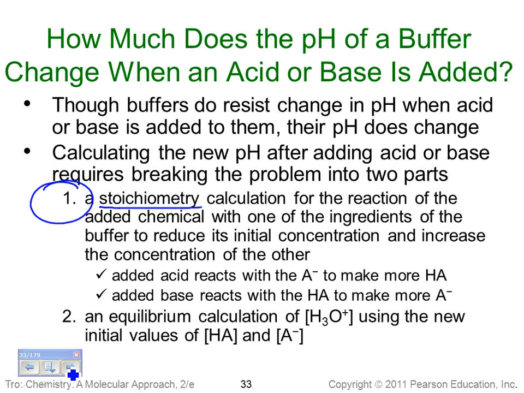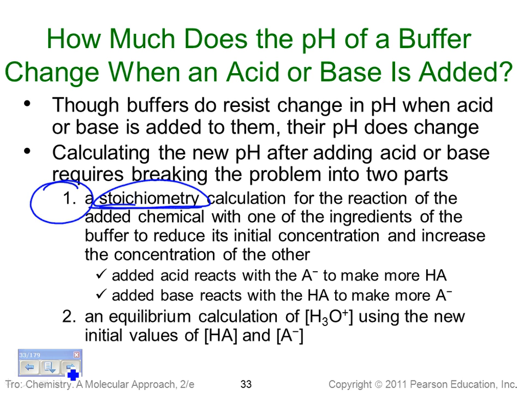And so, when you start adding acid or base, the first thing you have to do is a stoichiometry calculation to see what the new concentrations of acid and base are. When you add acid, it reacts with the conjugate base and reduces its quantity, but it increases the amount of the weak acid.